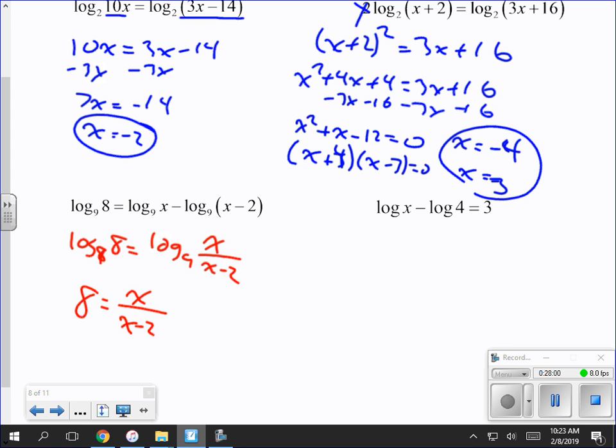And how do I solve this, Mr. Orris? I hear some of you cry. How do you solve this? Multiply both sides by the denominator. So you get 8x minus 16 equals x.